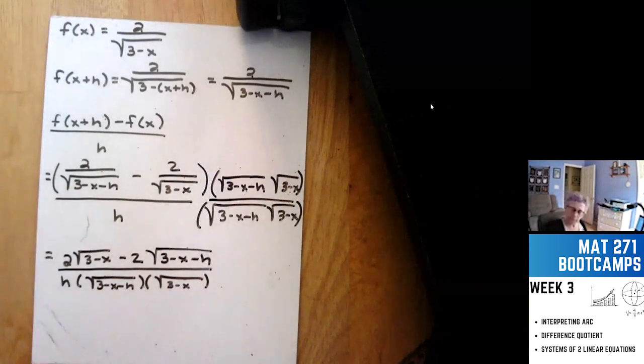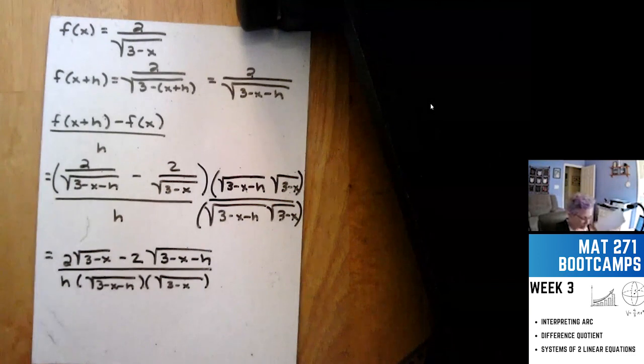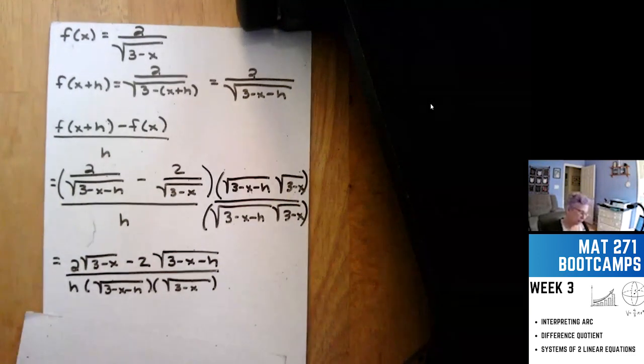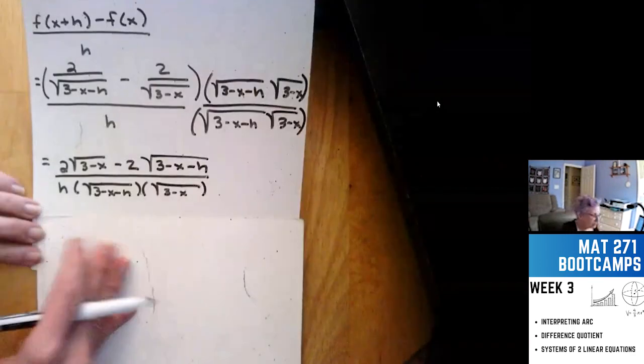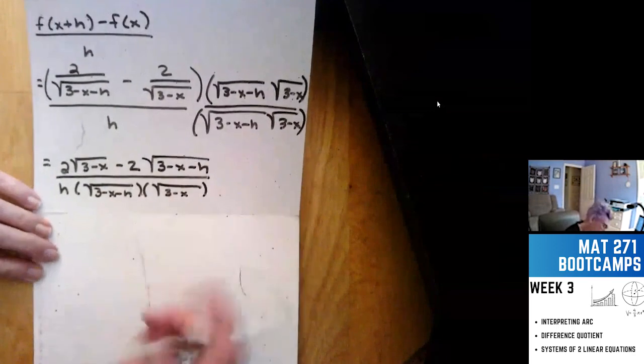So far, so good? Well, now I have a radical expression to get rid of. If you want, you could go ahead and factor that 2 out and just attach it at the end. I think I'll just leave it there.